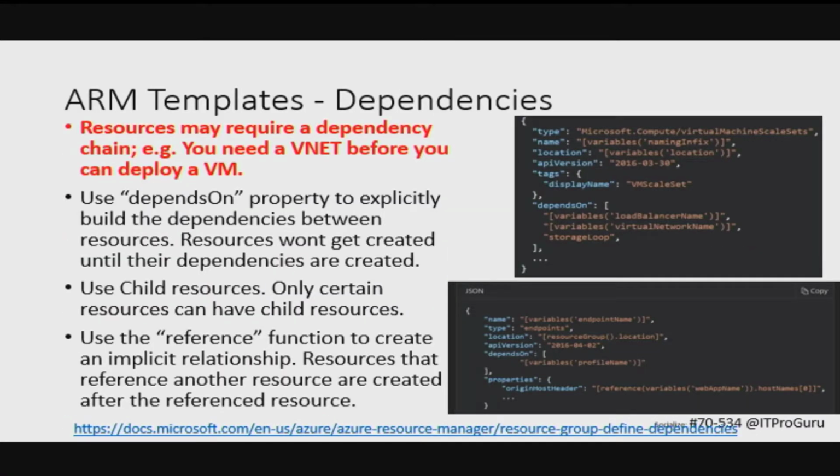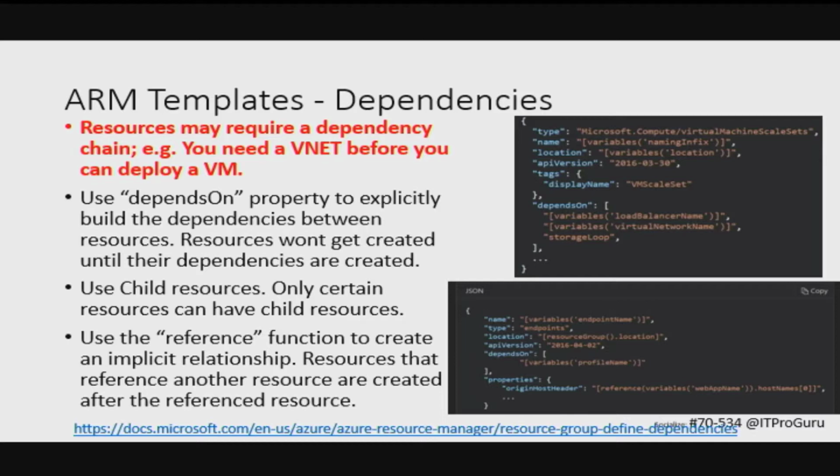And then the resources inside the templates have dependencies, right? So if I create a VM, before I create the VM, I might want my network card, because I want to attach the network card. And before I attach the network card, maybe I want a virtual network, because when the network card gets created, we want to attach it to the virtual network. So you can create this list of dependencies so that the resources get created at the right time.